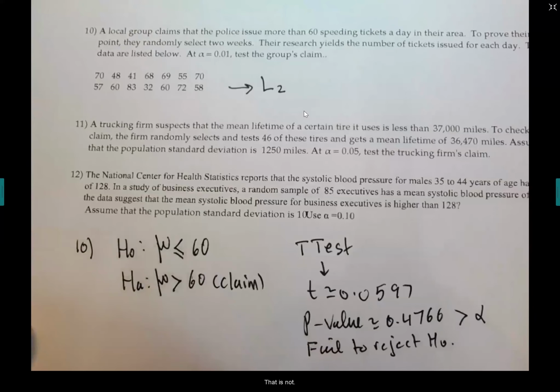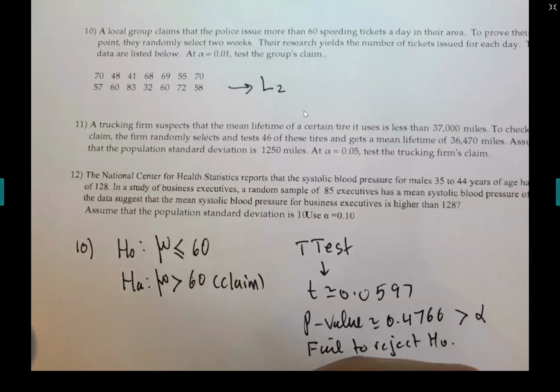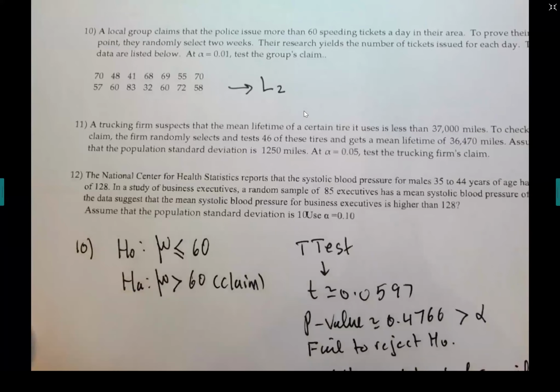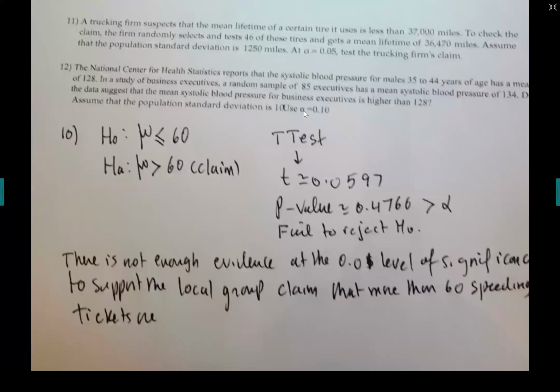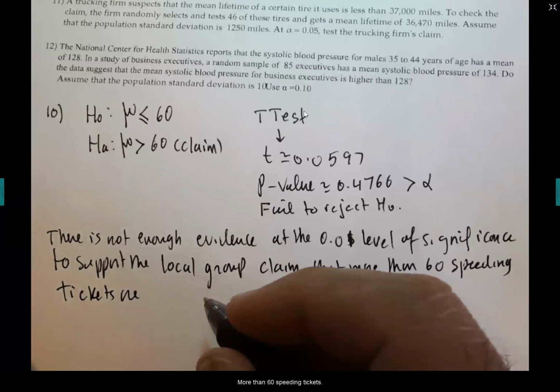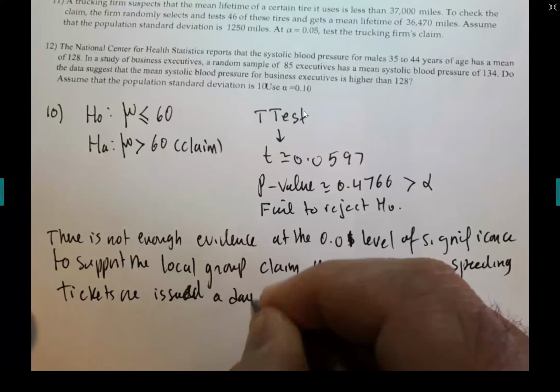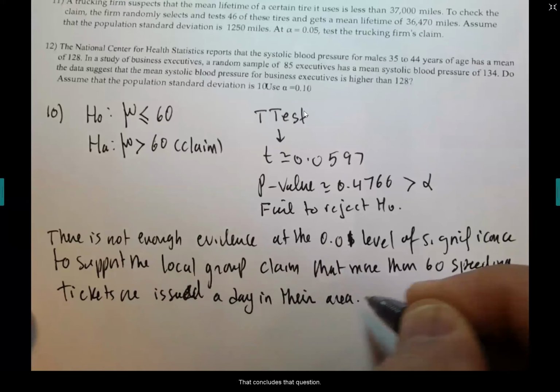So you say there is not enough evidence at the 0.05 or 0.01 level of significance to support the local group's claim that more than 60 speeding tickets are issued a day in their area. That concludes the question.